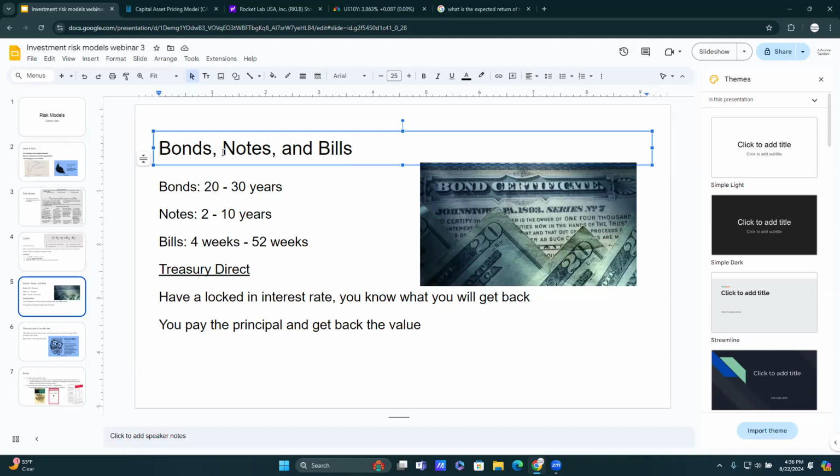They issue these bonds with a certain set percentage value, and then from there, you get that expected return back. That expected return is typically guaranteed because the US government is a very safe country.